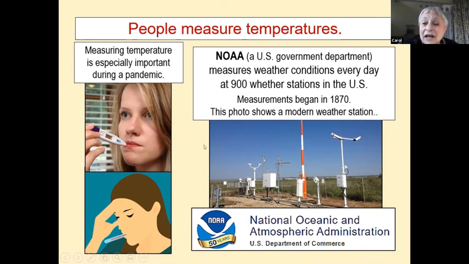NOAA has 900 weather stations, many of them at airports, for example, that automatically record wind and temperature and precipitation 24 hours a day. Massive amounts of data collected, but it's important to note, for more than 100 years.